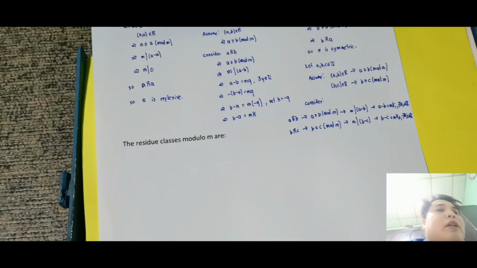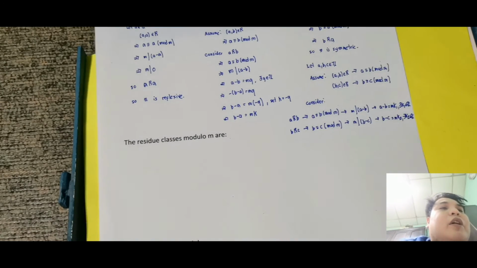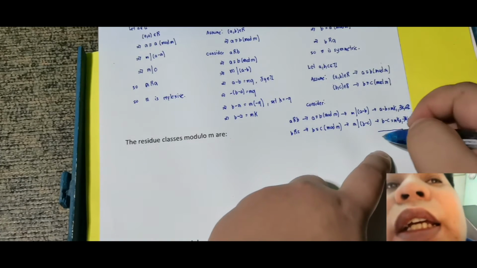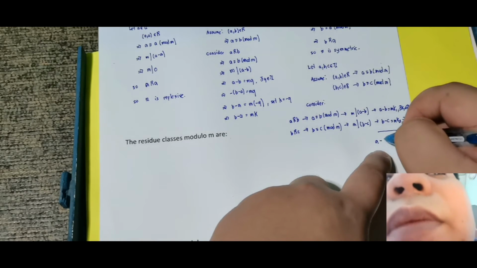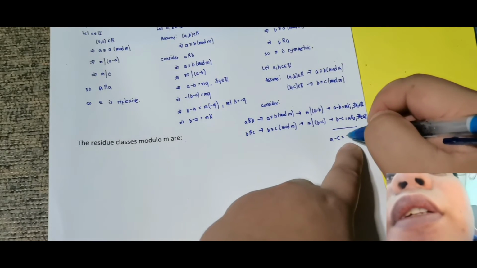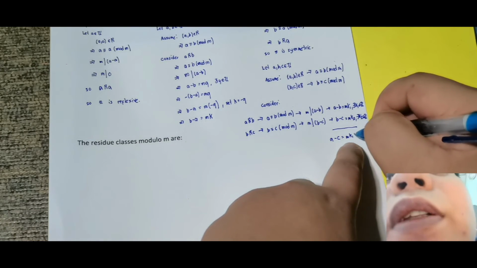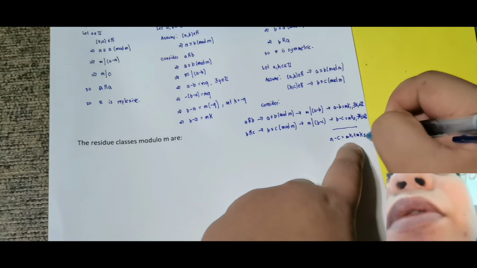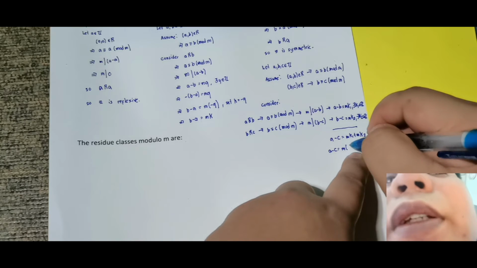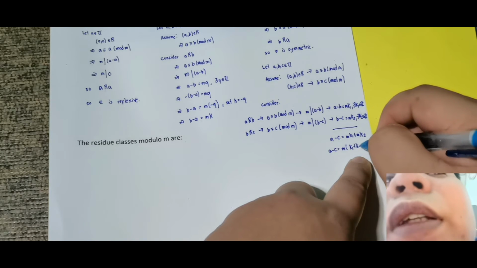So napansin nyo, pag pinag-add ko yan, ano mangyari? That is a minus c is equal to m k sub 1 plus m k sub 2. So factor out ko lang, a minus c is equal to m times (k sub 1 plus k sub 2).